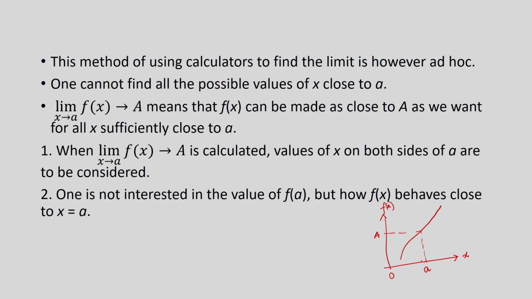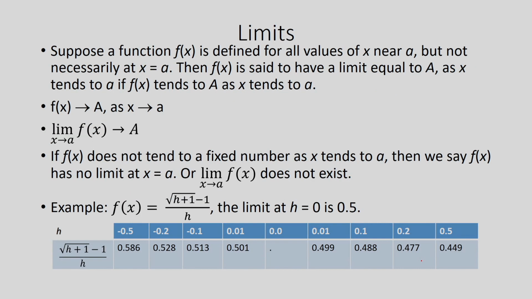And we have examined one particular example which is like this. Suppose f(x) has this particular form, (root of (h plus 1) minus 1) divided by h, and we have taken values of h which are close to 0.